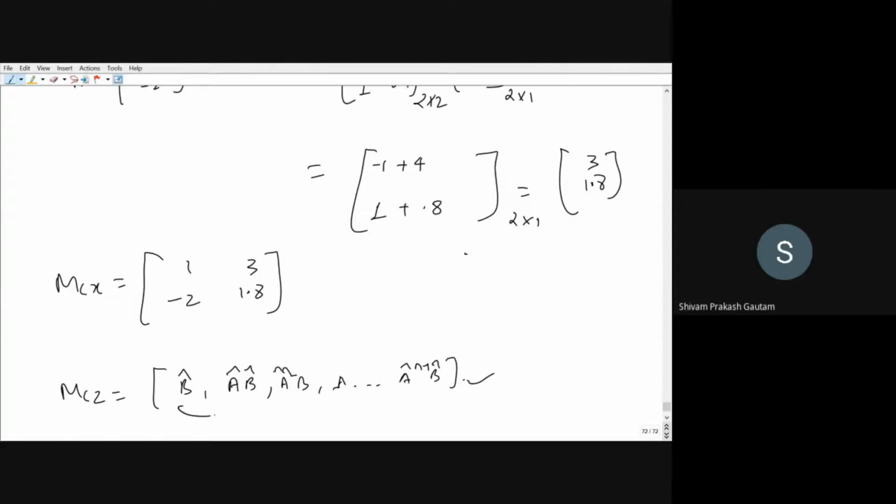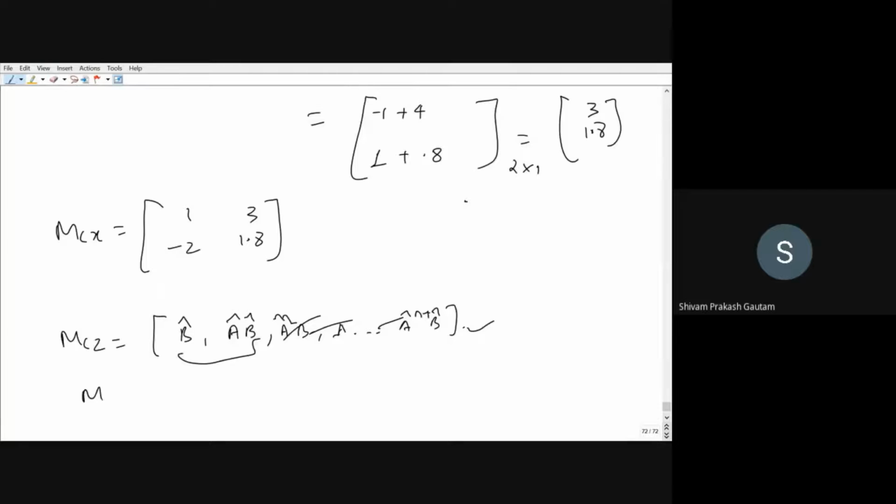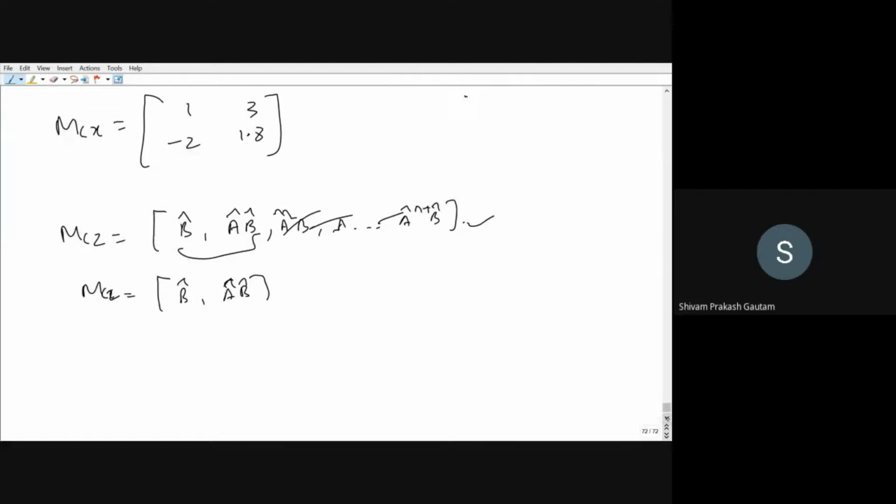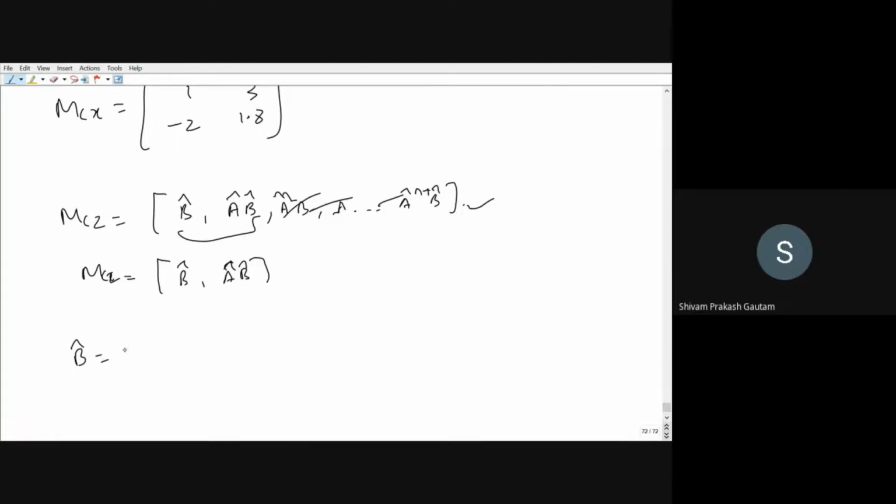So we will calculate up to second order, and all the other elements will cancel out. So MCZ will be equal to B cap, comma A cap B cap. And B cap for control canonical form, you have already found, is 1 and 0. Now you have to find A cap and B cap.